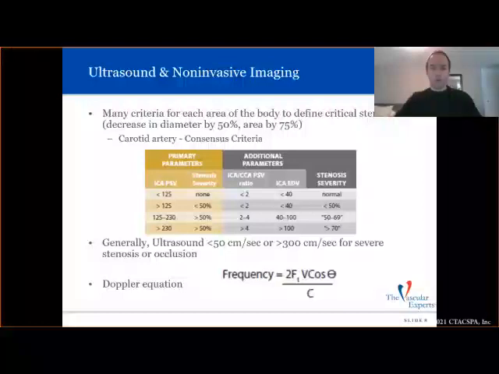So all these different criteria, I listed some below here, are ones that we use as a marker for stenosis. This one below is the most important one in that it's for carotids, and because that's the most well known, it might be something useful for you. But peak systolic velocity of 125 and 230 are the two that you need to know that correlate with the degree of stenosis of 50% and 70%.